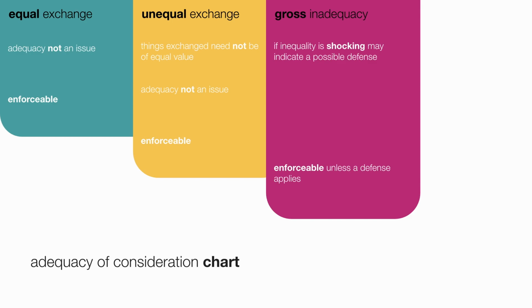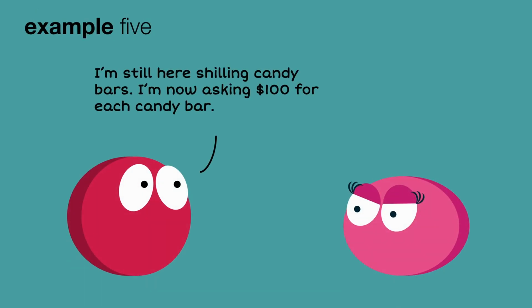So it should raise a red flag for us that perhaps there is a defense. Nonetheless, in terms of whether the element of consideration is met, the answer is yes, even though there's a gross inequality or inadequacy involved. So we can see that here.